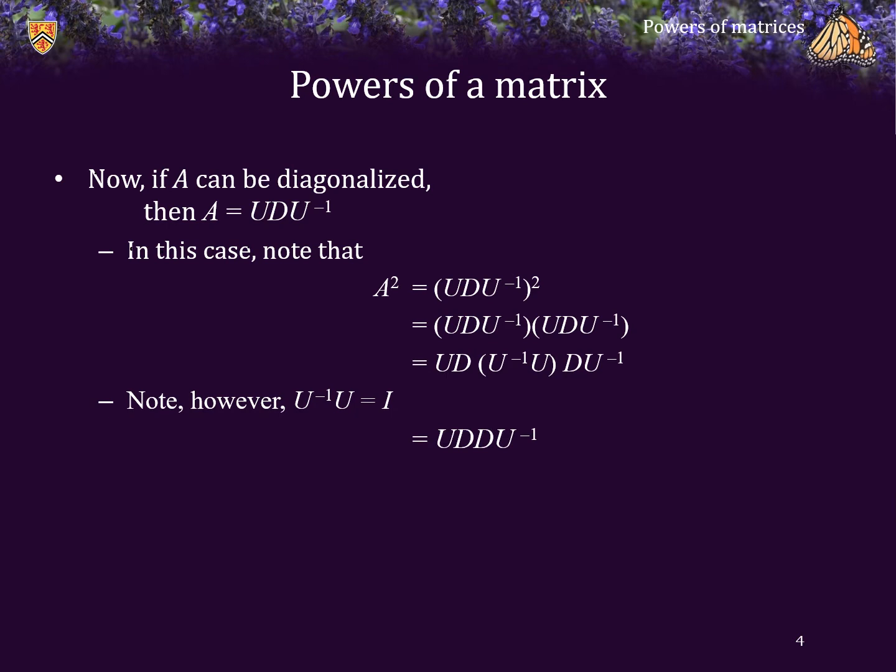Consequently, this equals U times D times D times the inverse of U. And that's just U times D squared times U inverse. But wait a second, D is a diagonal matrix. So the diagonal matrix multiplied by itself is just the same diagonal matrix with each of the diagonal entries squared.